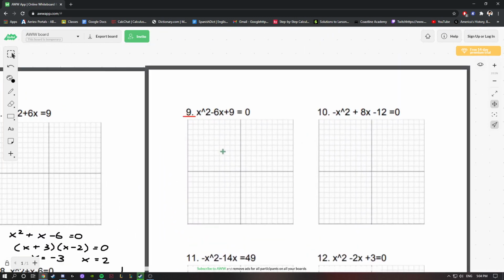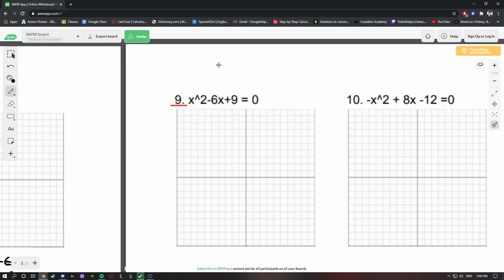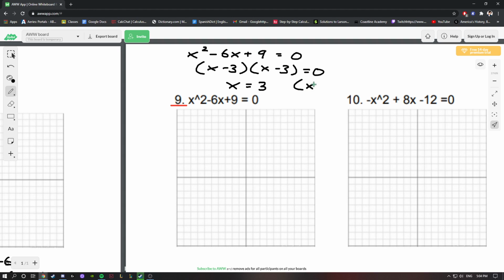And last problem, it's the same concept. We have x squared minus 6x plus 9 is equal to 0. So this one will be (x minus 3)(x minus 3) equal to 0. And you'll realize that we only have one 0. So x minus 3 times itself is essentially (x minus 3) squared equals 0.